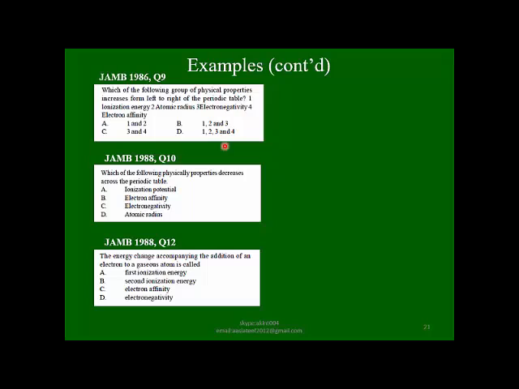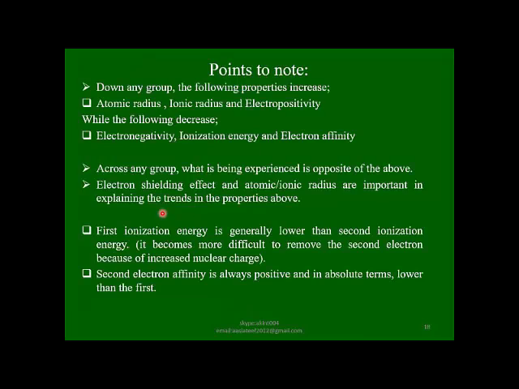JAMB 1986, question 9. Which of the following physical properties decreases across the period? Across the periodic table, what property decreases? Ionization potential, does it decrease or increase? It increases. Electron affinity, does it increase or decrease? Electronegativity or atomic radius? Which one? Let's go back to our points to note.